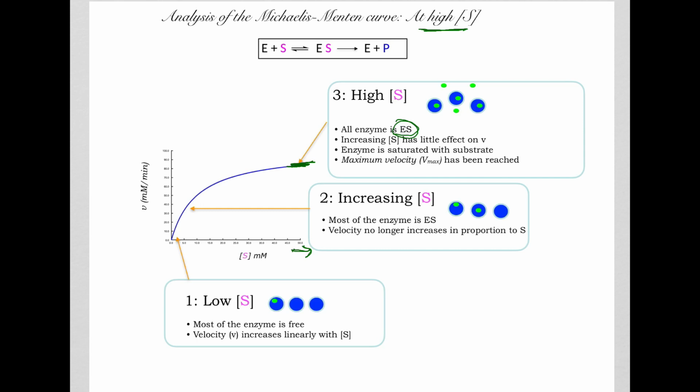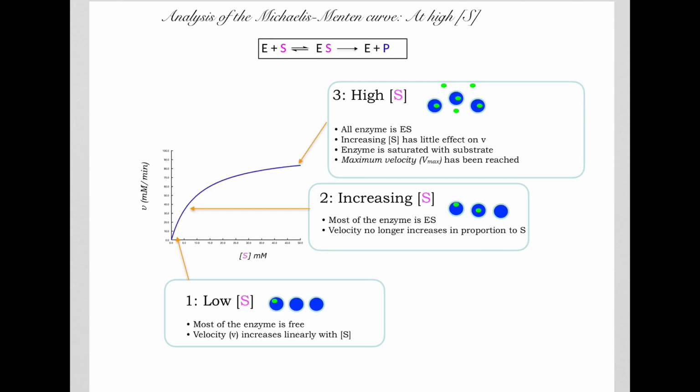It's very, very close to maximum. We say that the enzyme is saturated with the substrate and the maximum velocity has been reached. So at very high substrate concentrations, we have saturation of the enzyme.